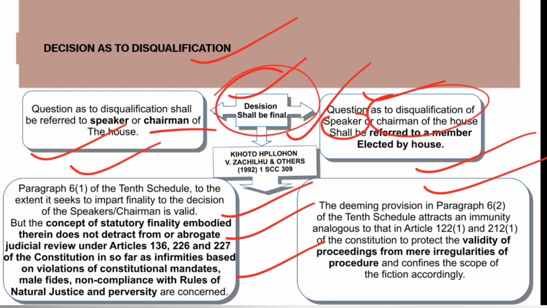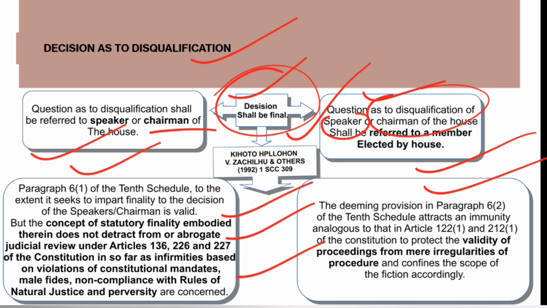So whenever there is a petition for defection, the petition should be filed before the Speaker or Chairman, and in between there cannot be any challenge before the courts of law unless the decision has been taken by the Speaker. And after the decision, if there is any perversity, malafides, violation of natural justice, that can be challenged before the court. So a court cannot play the role of Speaker or Chairman.